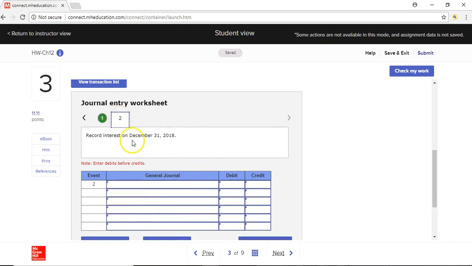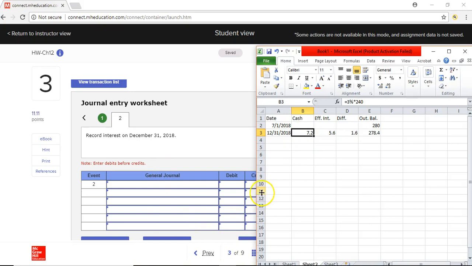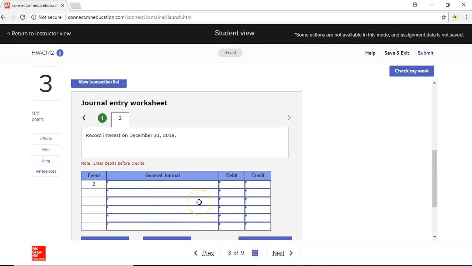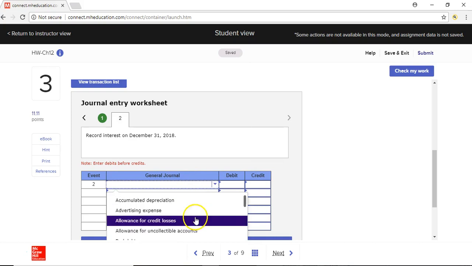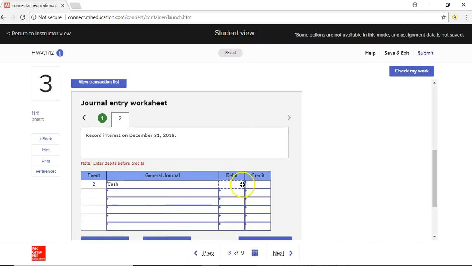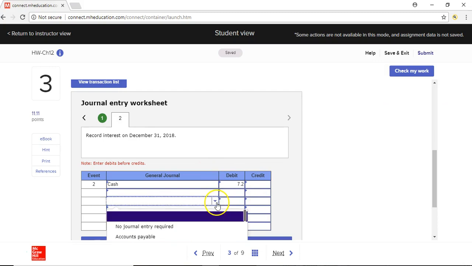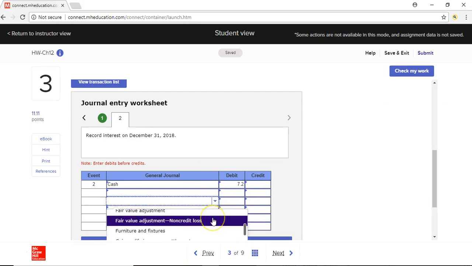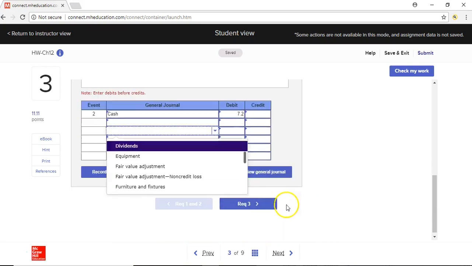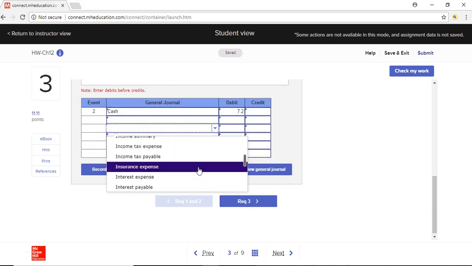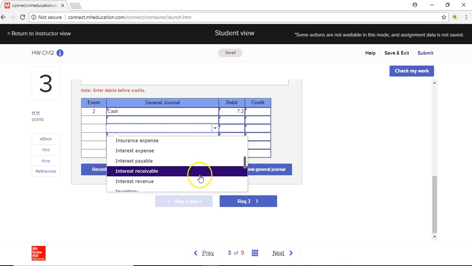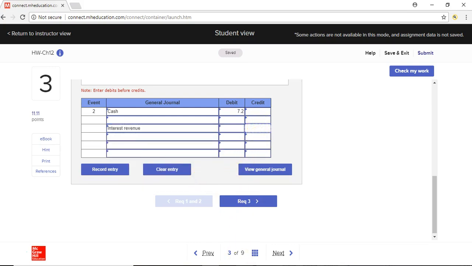The next entry asks us to journalize interest on December 31st. Here we have cash received of $7.2 million. And we have interest revenue for $5.6 million.